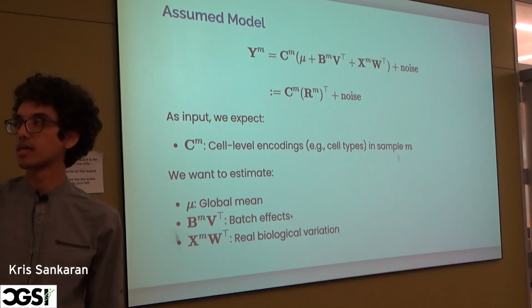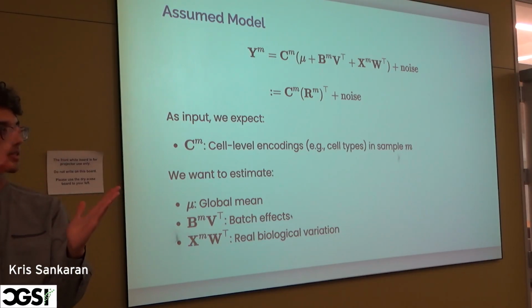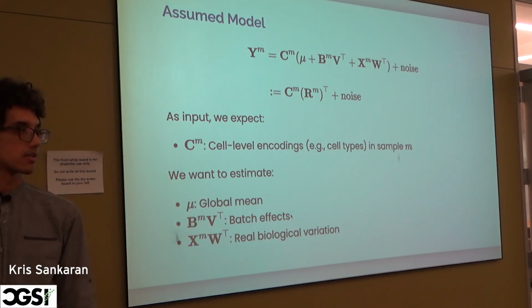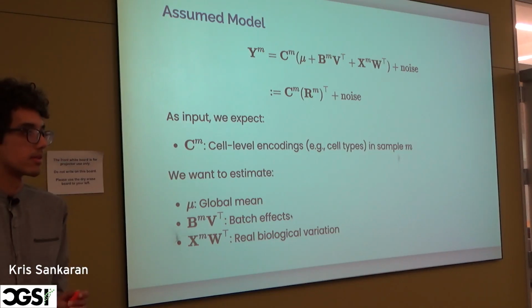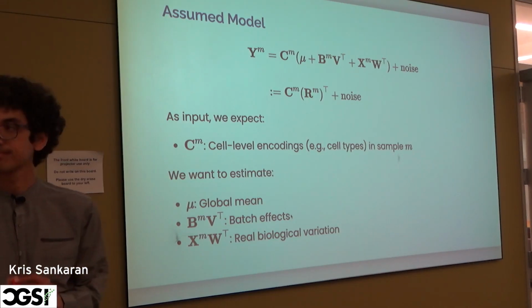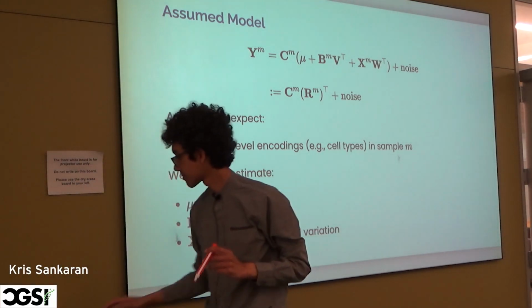And maybe there's another cell type out here. So here the batch effect is shifting the centroids in this direction, but there are still these two different cell types. How do you actually try to estimate the direction V?